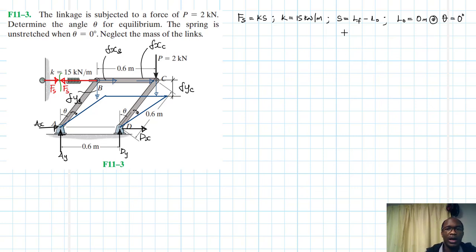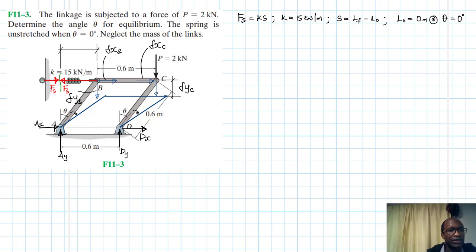Okay, what about L final? L final, we can calculate it. Let me just show it right away. So L final is going to be equal to, from there to there, this is the stretch, right? It is the stretch, so there we go.